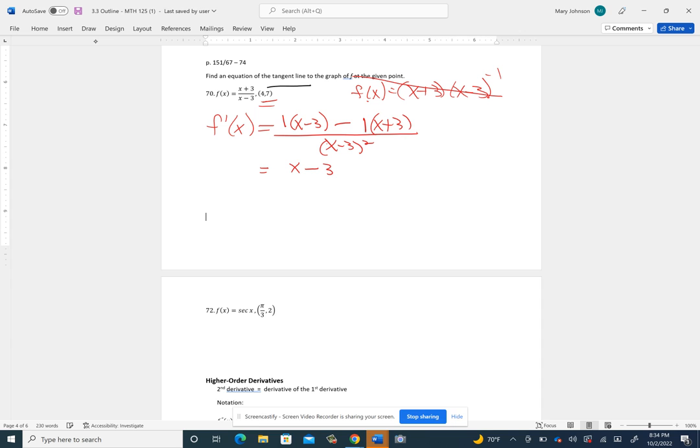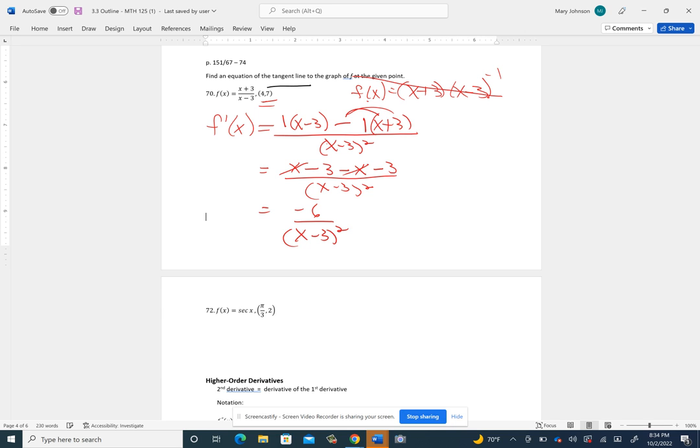That would be x minus 3, then I'm going to distribute the -1 and get negative x minus 3. So the x's cancel out, but then I wind up with -6 over (x minus 3) quantity squared.